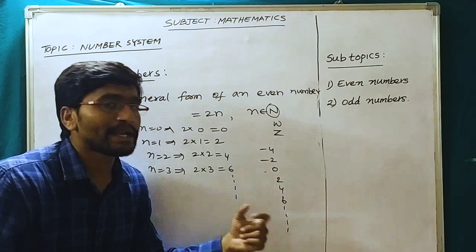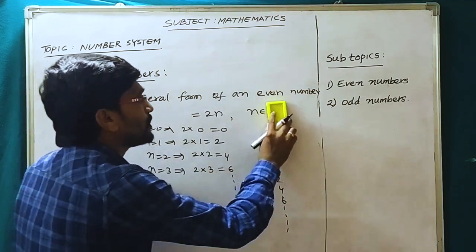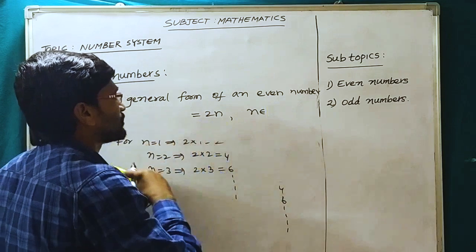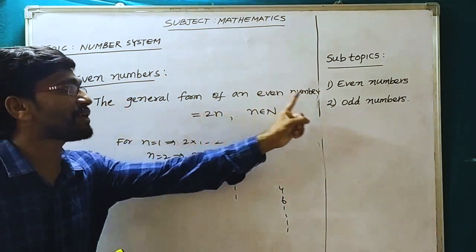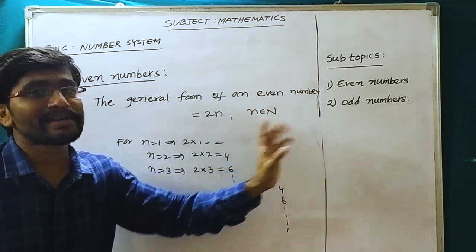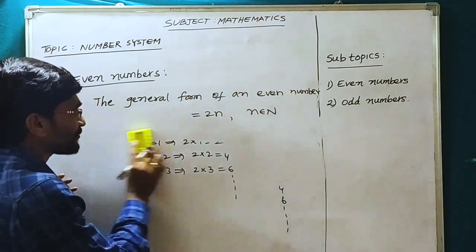These are all called the even integers. In general, we take only the natural numbers. So the general form of an even number is 2n, where n is a natural number, right? This is one of the points.